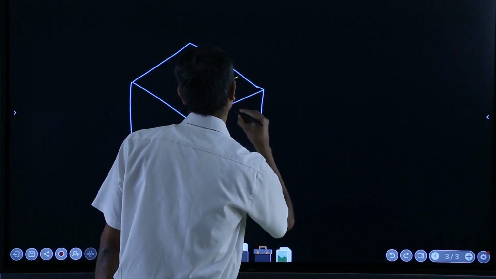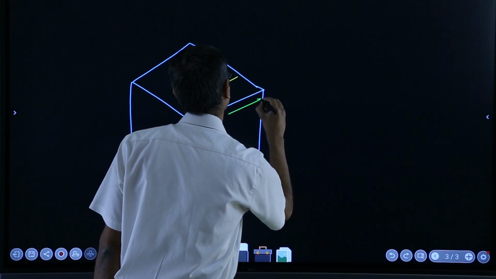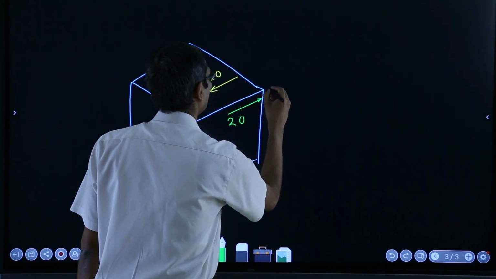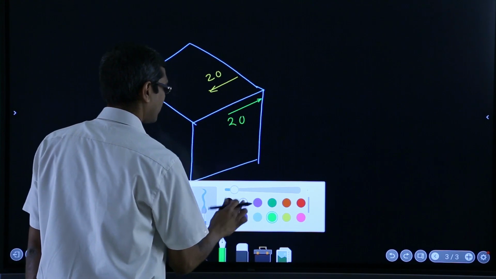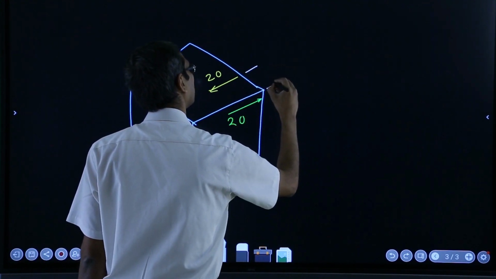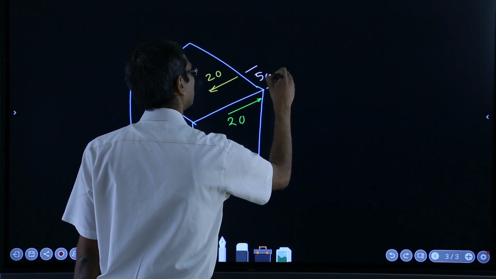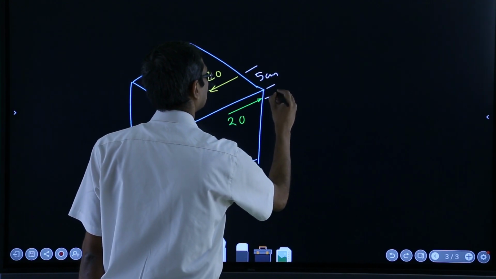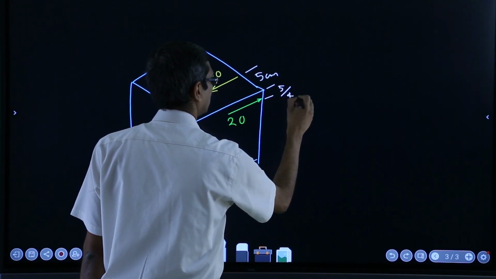I'll draw parallel to this. Okay, so 20 Newton, but this distance is 5 units. So this is 5 units, 5 centimeters, and this distance here is 5/4 centimeters.